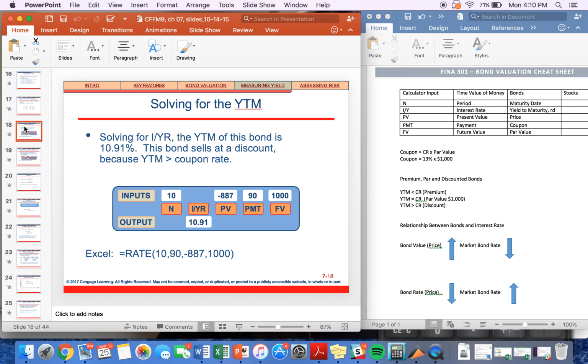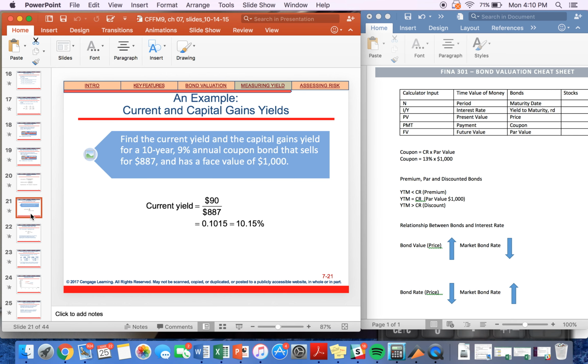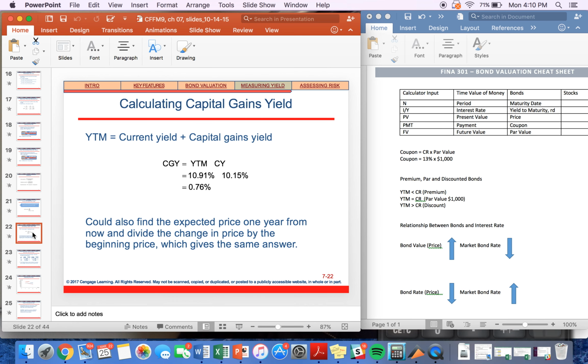And let's see. Yep, we solved for this one in slide 18 right here, okay? So we're going to use this. So if we come back to slide 21 here, we're going to use that current yield calculation. So we're going to take our $90, which is our coupon, and divide it by our price, and we're going to get 10.15%, and that is the current yield on the bond, okay? So that's one part of the three.